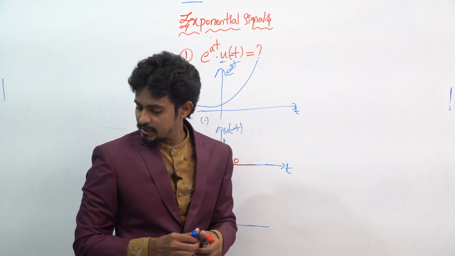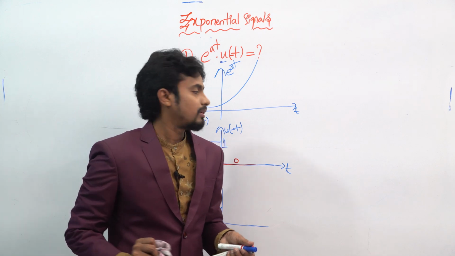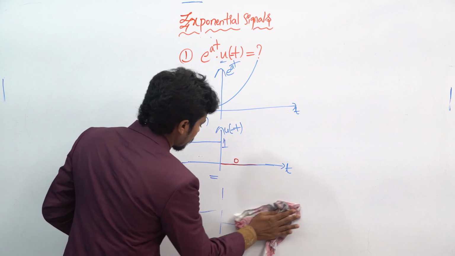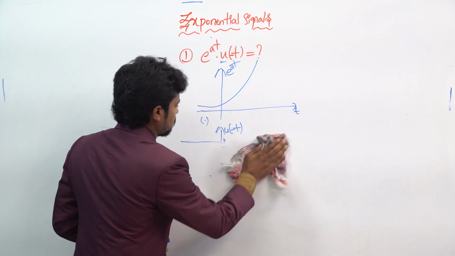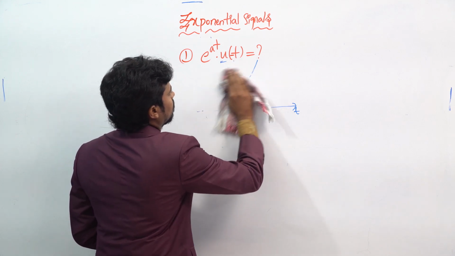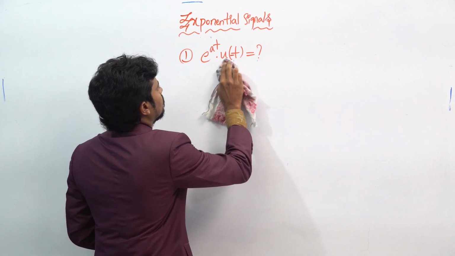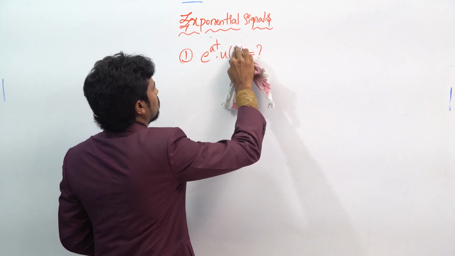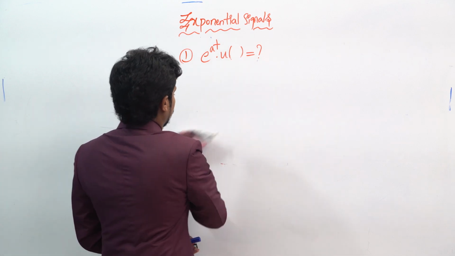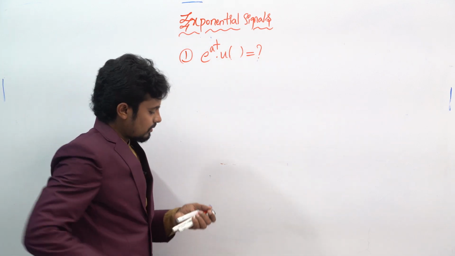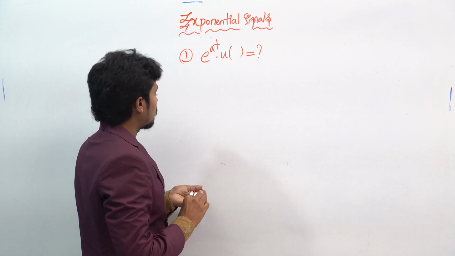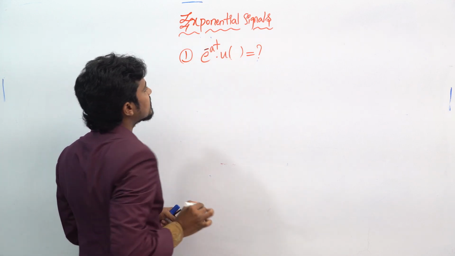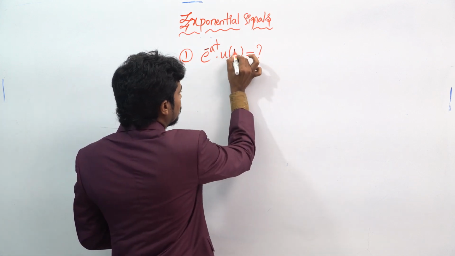Next, we will see another question, that will be the decaying function. Now let's see. So e power minus at into u of t.